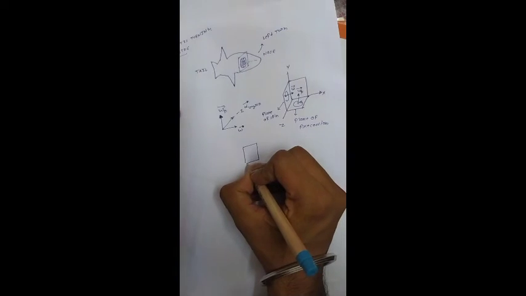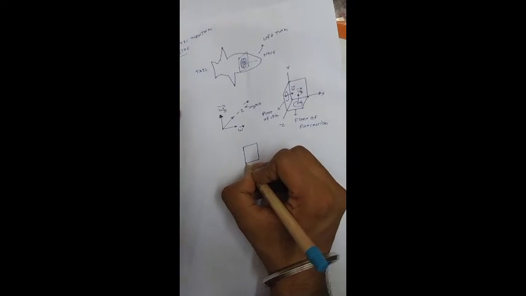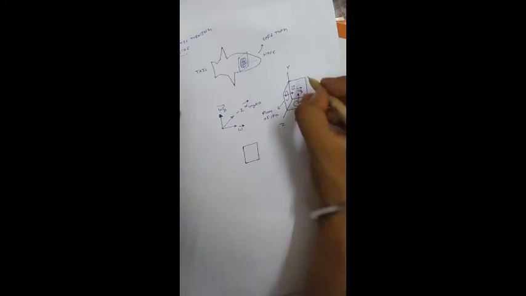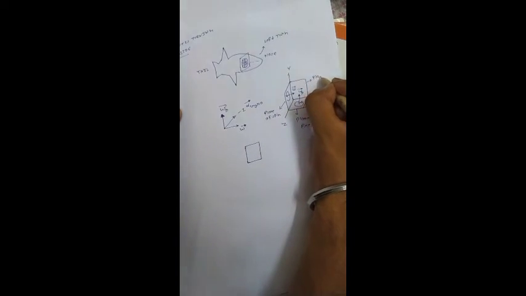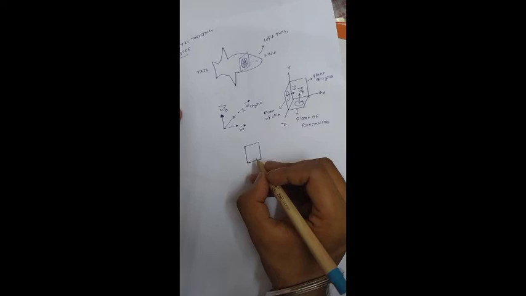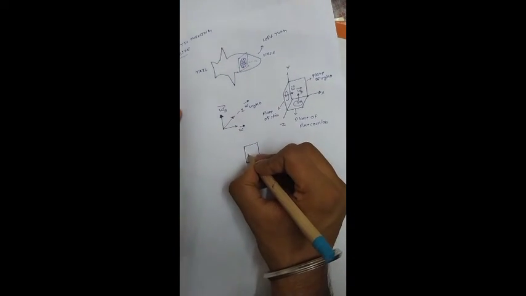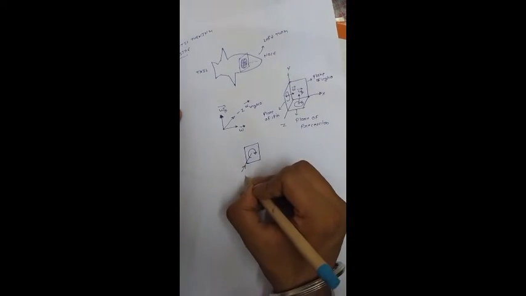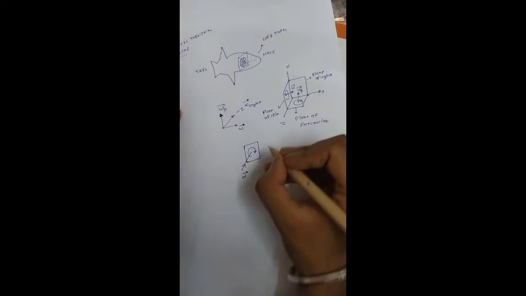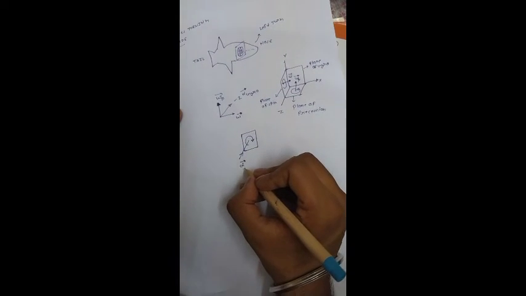Now if I show you, this is the plane of paper. So this is rotating like this, and the direction of gyroscopic acceleration is inside the plane of paper.